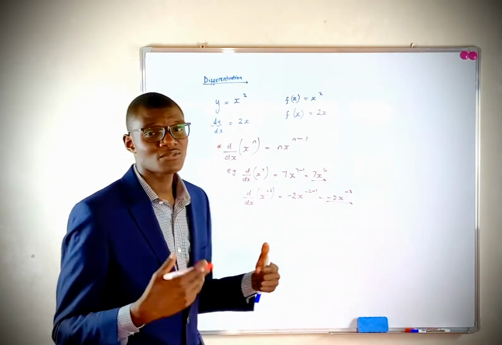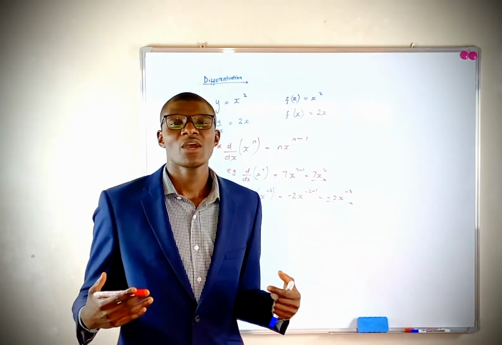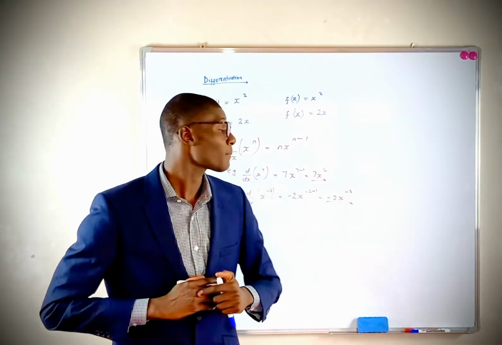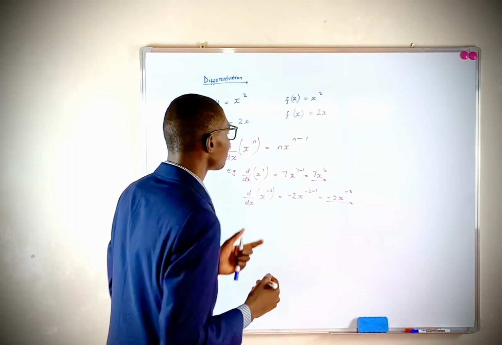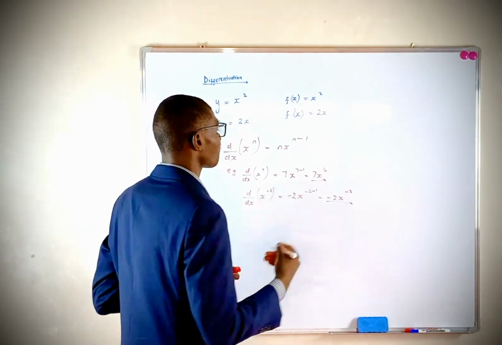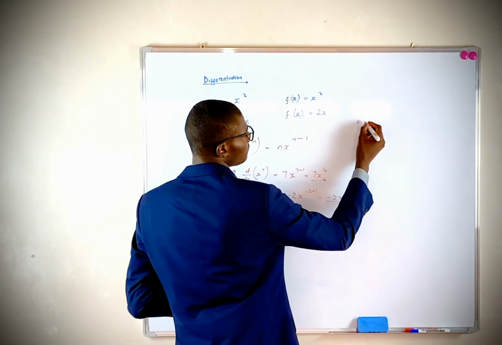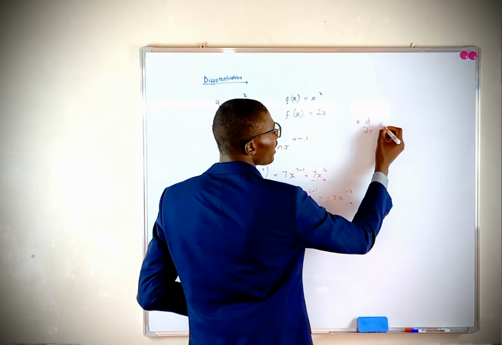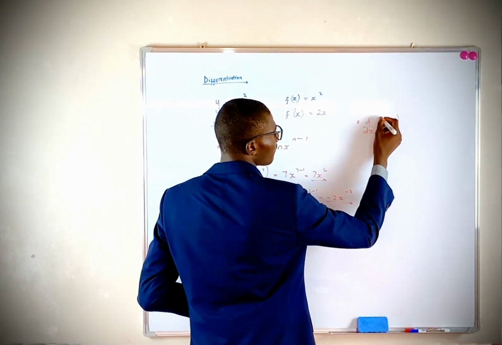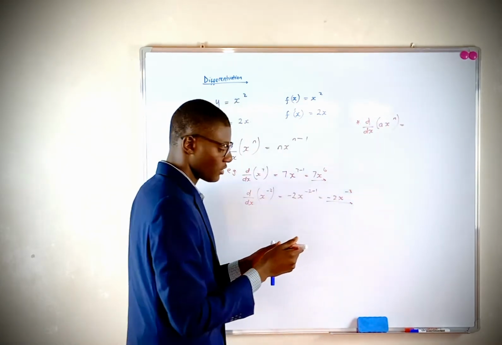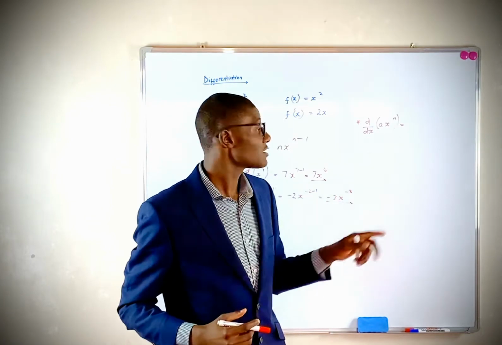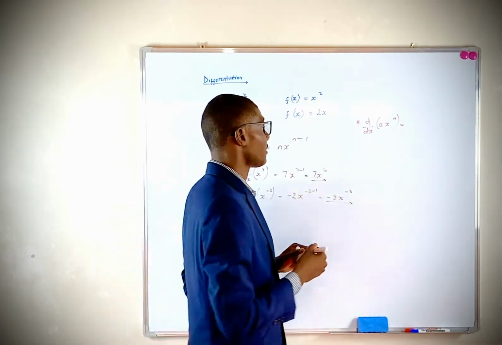So there will also come situations whereby we have to differentiate multiples of x to the power of n. So for the differentiation of multiples of x to the power of n, we are saying d by dx of ax to the power of n is equal to, what we simply do is that we take out the a, which is the coefficient of x to the power of n.